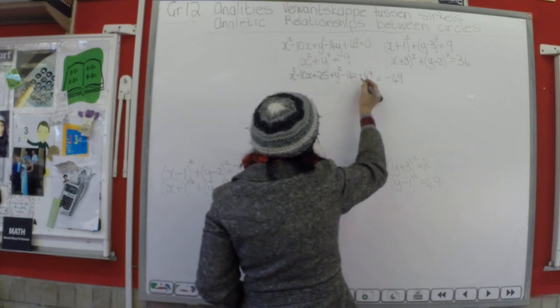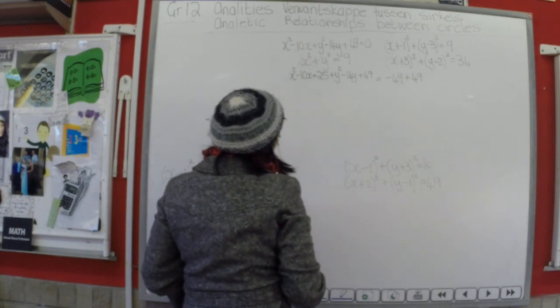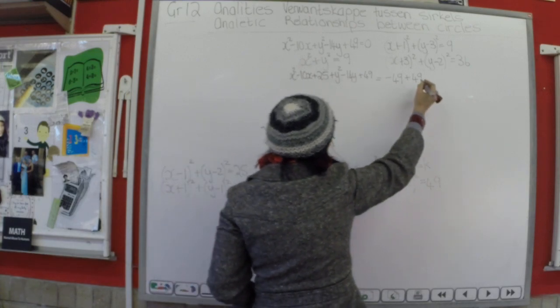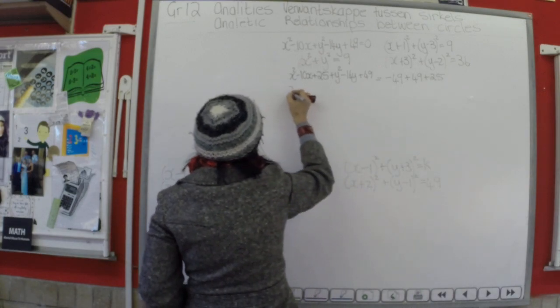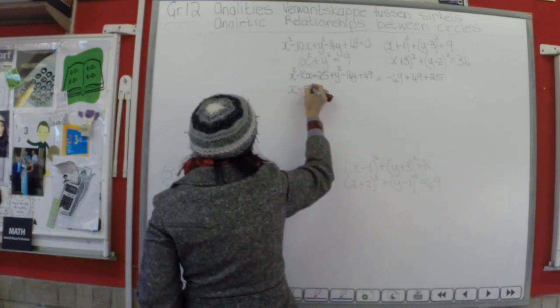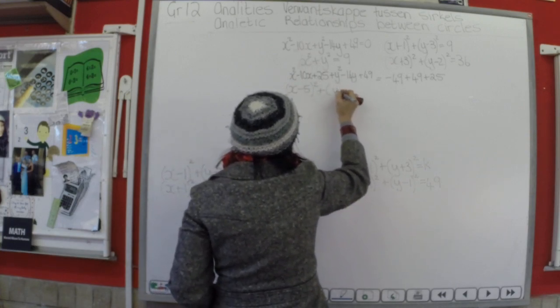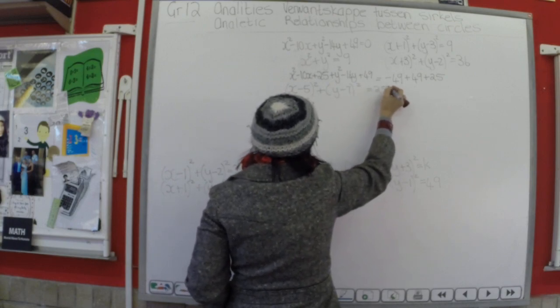So jy wat jy hier by sit, moet jy daar by sit. Okay, good. And what you add there, you must add there as well. So nou het ons vierkant voltooi, plus (y minus 7) se kwadraat, en dit gee vir ons 25.